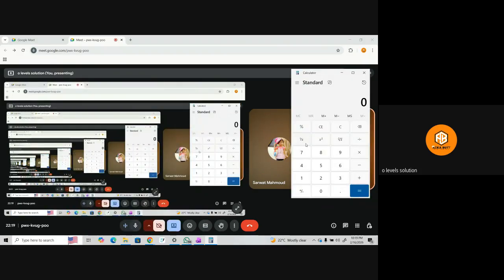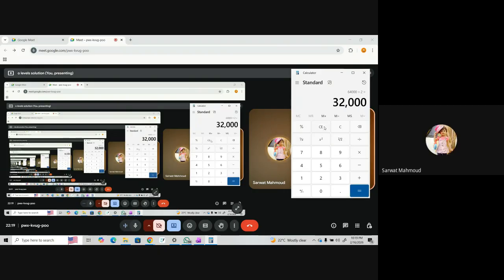So 34,000 plus the 30,000. Okay, so this is equal to 64,000. So 64,000 divided by the 2. This is equal to 32,000.